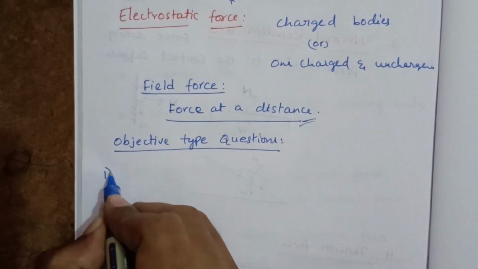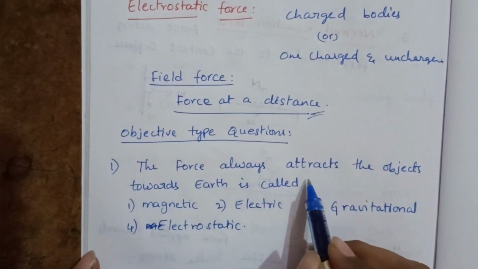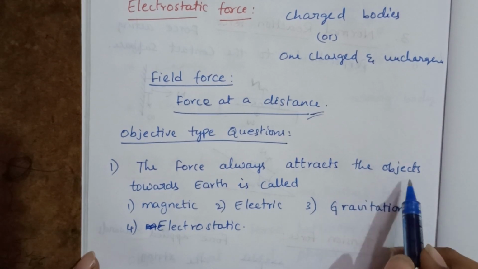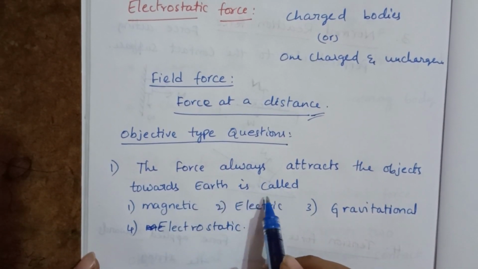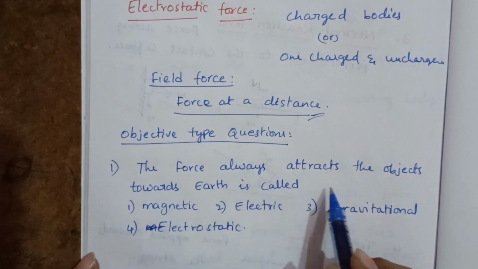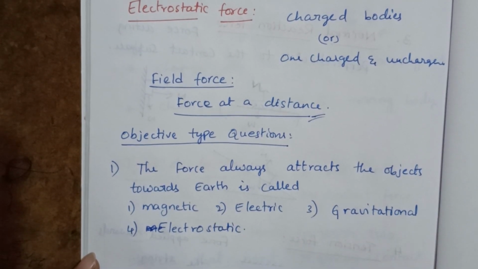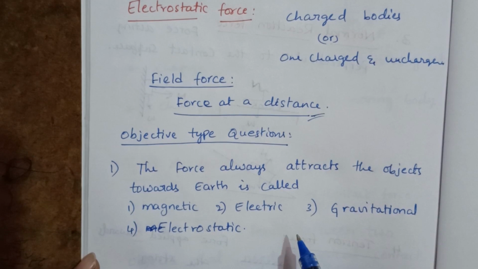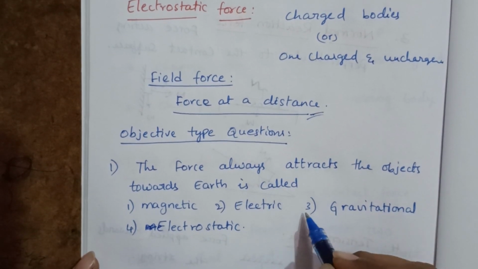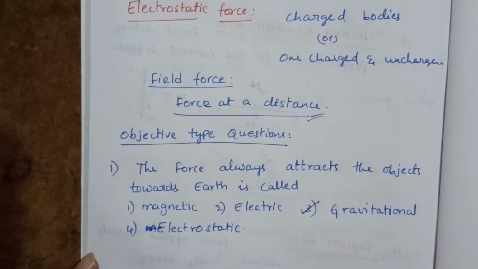The first question: the force that always attracts objects towards the earth is called which force? Gravitational force.